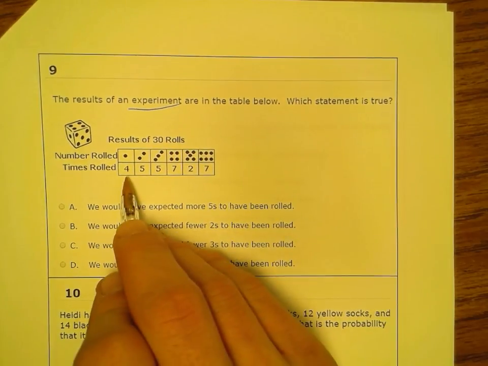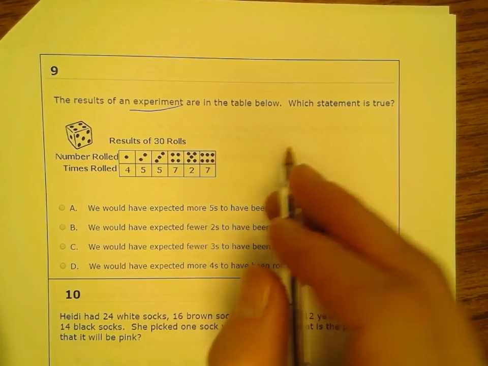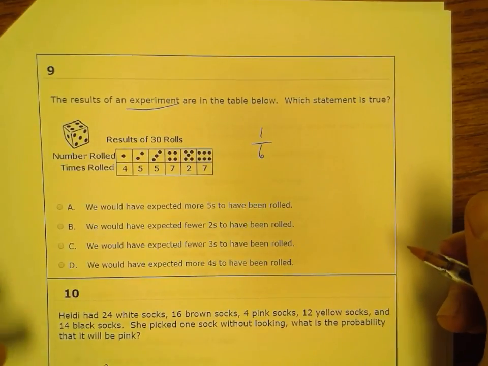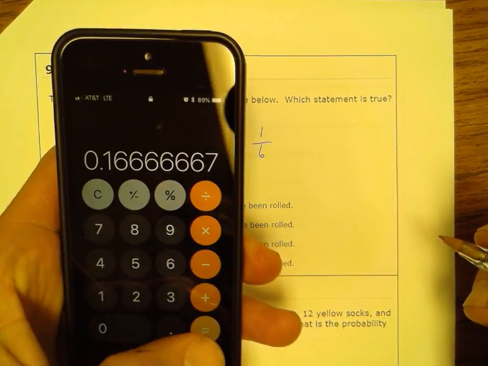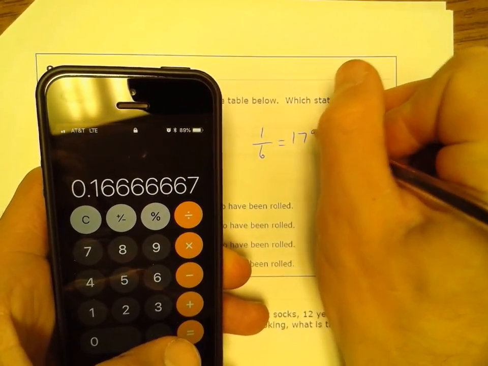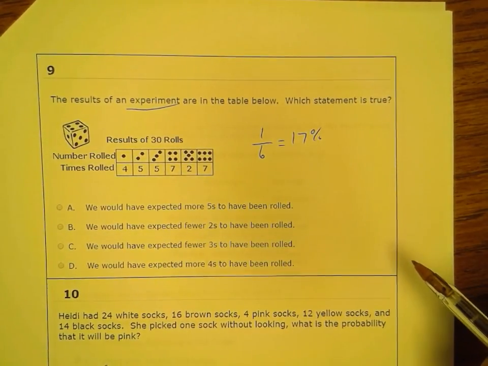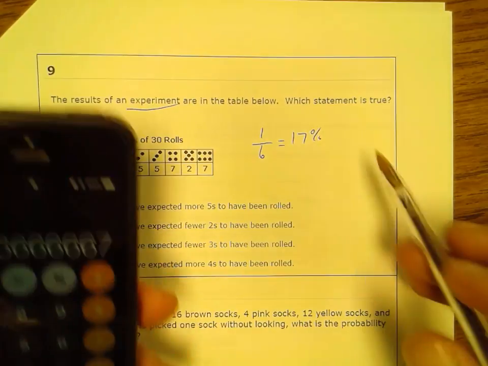For each one of these, each side of the dice, there's a 1 in 6 probability that you'll land on it. So 1 divided by 6 is 17%. And there are 30 rolls altogether. So you want to think about what is 17% of 30.